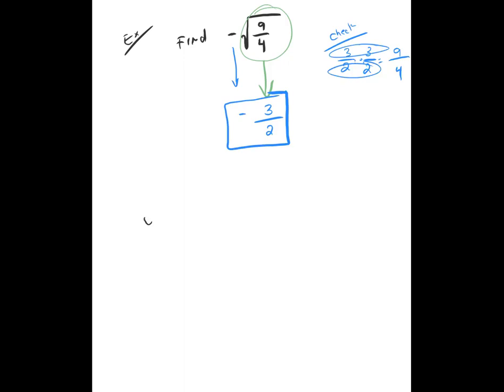Well, how about this one here now? I ask you to find the square root of negative 25. Here you'll see that this is not possible. If you put it into your calculator, it says error. This does not give a real number.